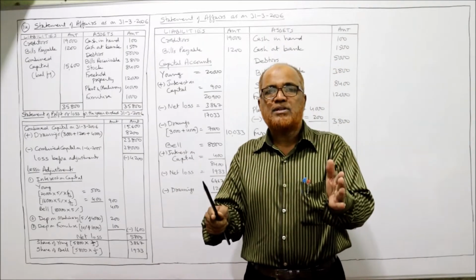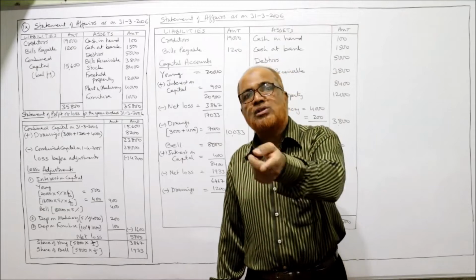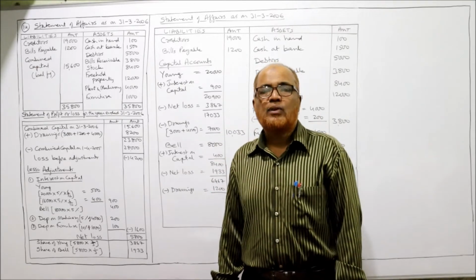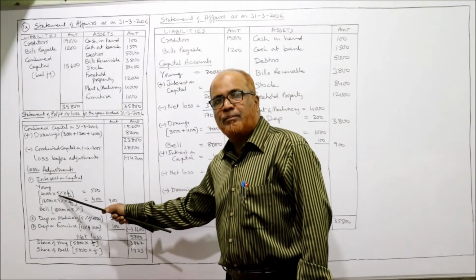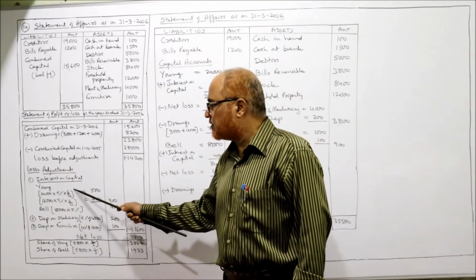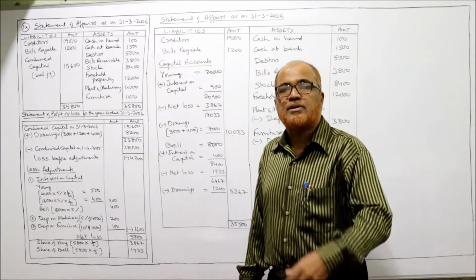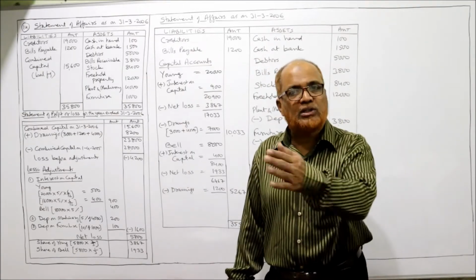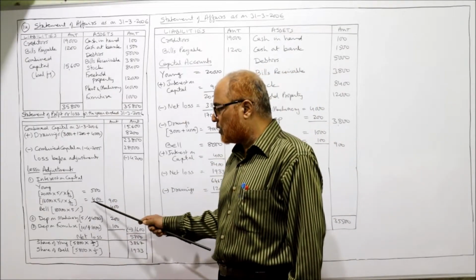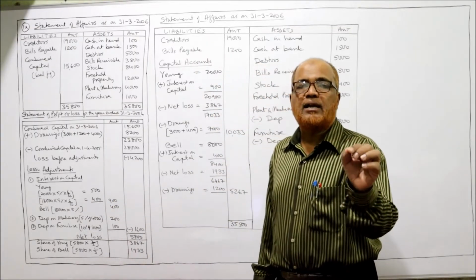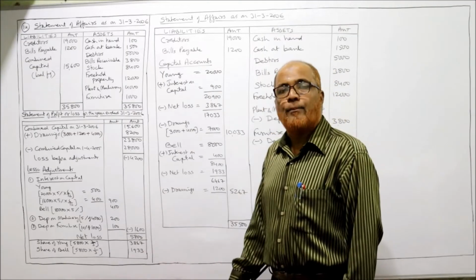So Young's capital was 20,000 for 6 months and 16,000 for the next 6 months. So we calculate interest separately. 20,000 into 5% for 6 months, it is coming to 500. Remaining 6 months his capital was only 16,000 because 4,000 he has taken away. So 16,000 into 5% into 6 by 12, 400. So total interest on capital to Young is 900.